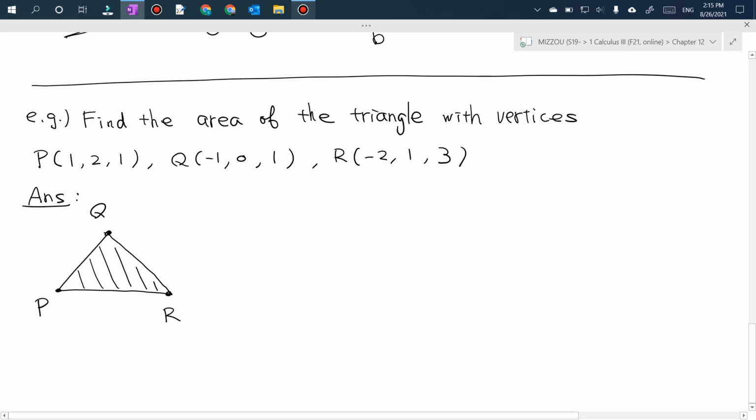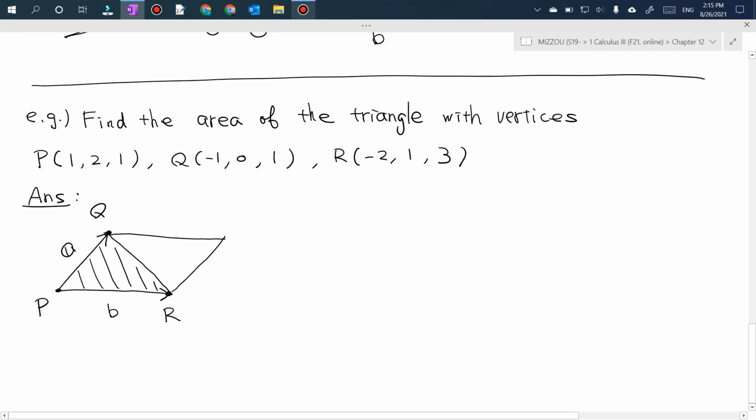And now, let's call the vector PQ, A, and then the vector PR, B. Then we know that the magnitude of the cross product of A and B is the area of the parallelogram spanned by those.